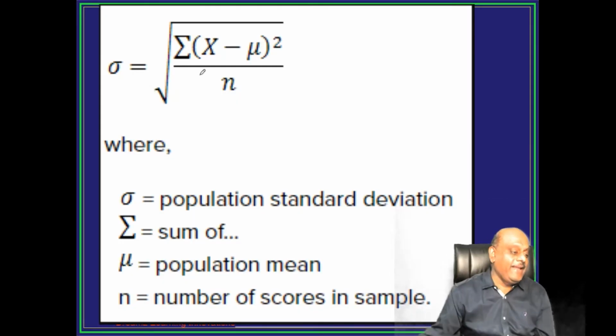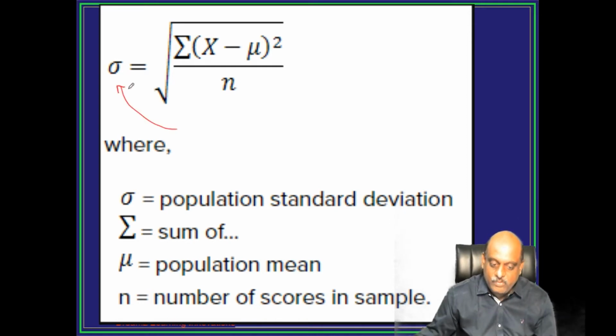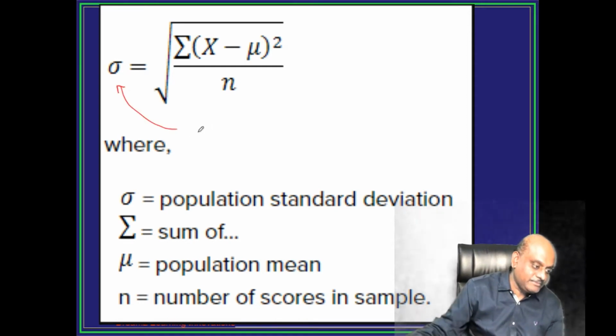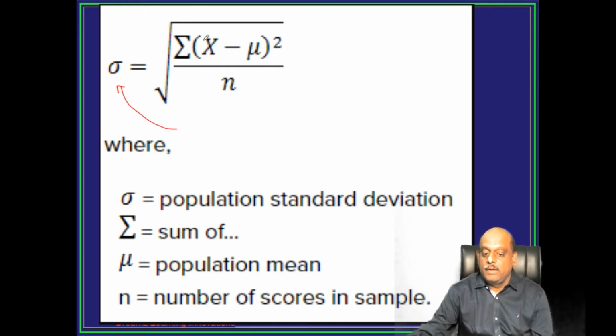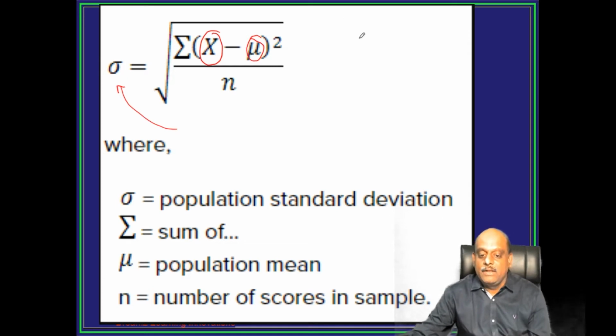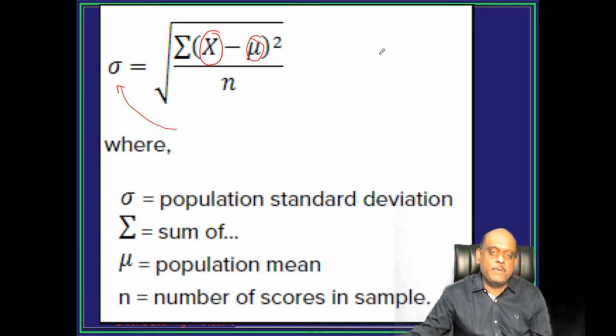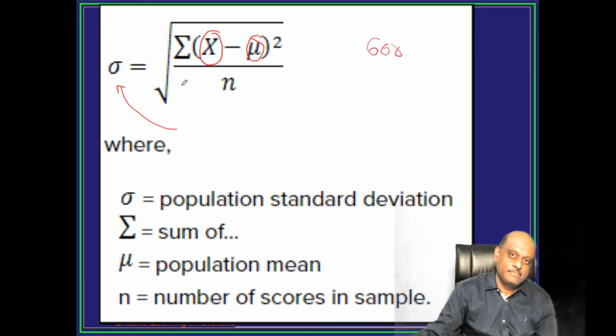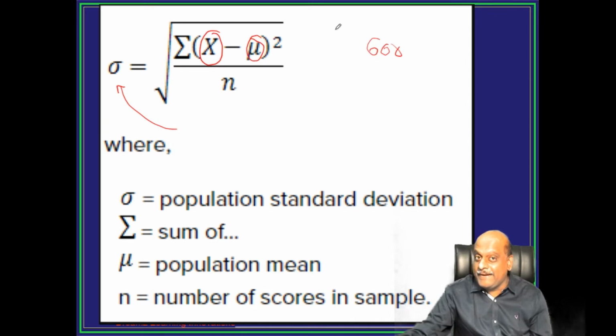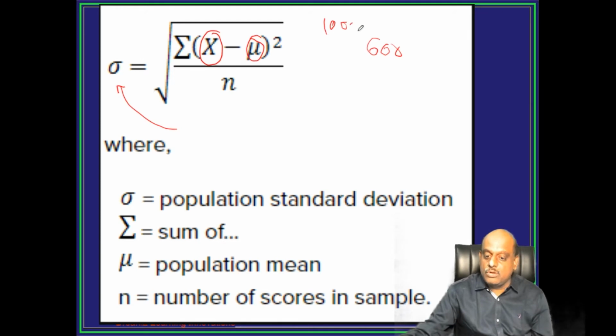Why? Because you should know what is the formula of standard deviation. Every value, you subtract the mean. For example, let us say the mean value of the NEET PG score. Suppose for all 1,80,000 NEET PG aspirants the mean value is 600. Your score is 1000, so 1000 minus 600, whole square.